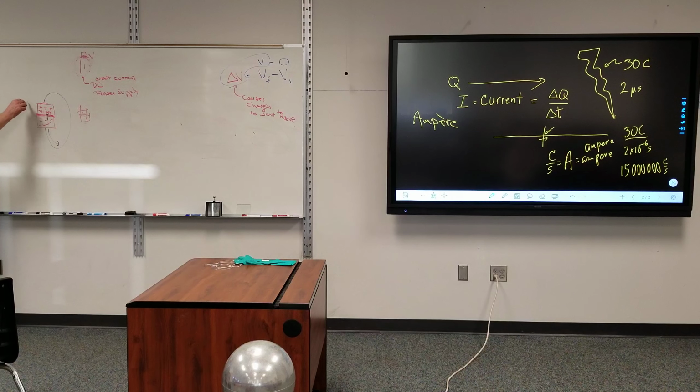This is the higher potential here, and this is the lower potential. Negative charges will travel to a higher potential, and now this is the only path they have, so they will go this way. As they go, they bump into things.